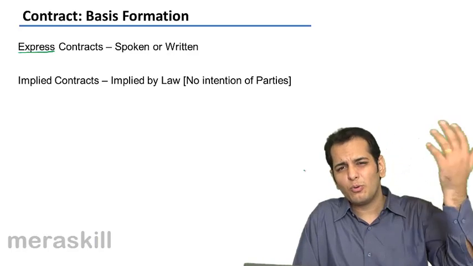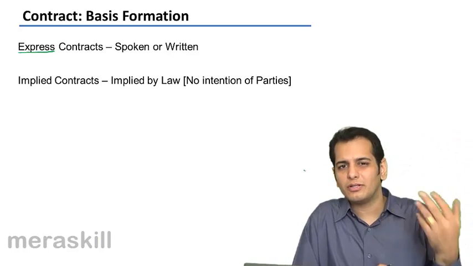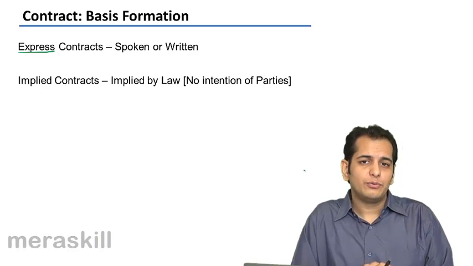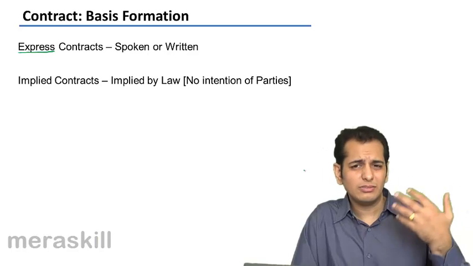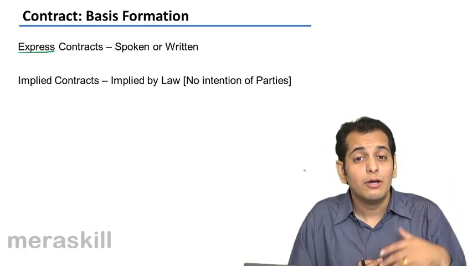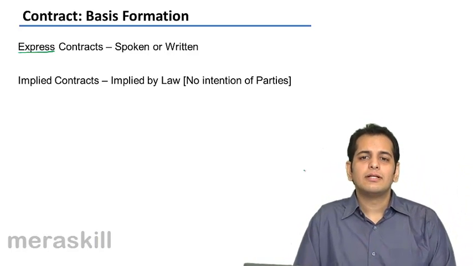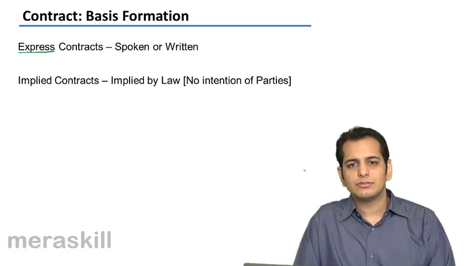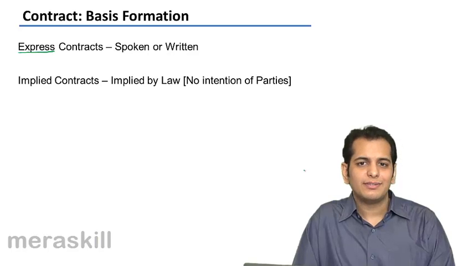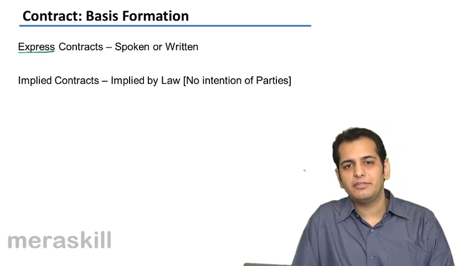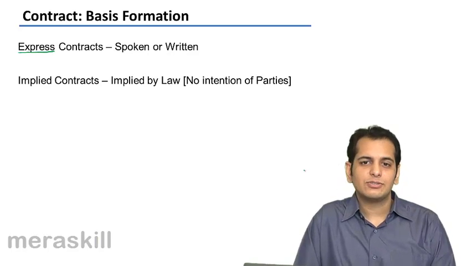So when you go in some bus, when you go in an auto, when you get your shoes polished, when you purchase some stuff from a departmental store, when you withdraw money from the ATM machines, all these contracts are implied by the conduct, by the behavior, by the actions of the parties.